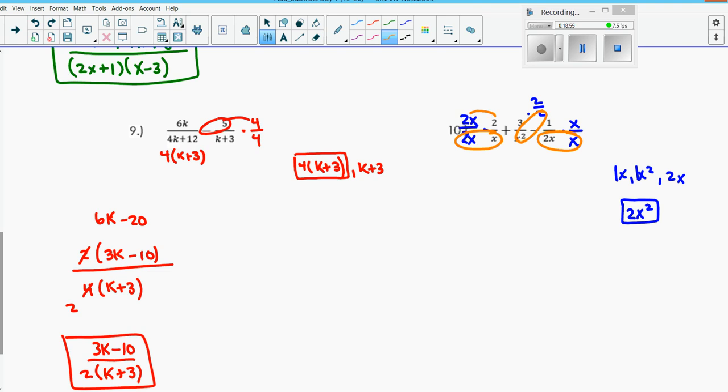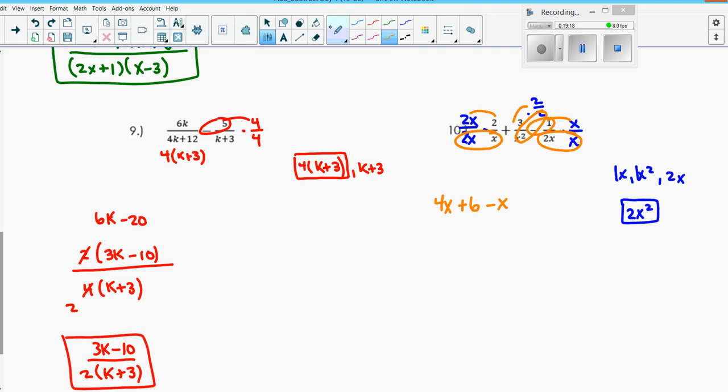Okay, and then because of that, now I can multiply the numerators. If I multiply these two, I get a 4x. If I multiply this positive 3 times 2, I get a positive 6. And if I multiply this negative 1 times x, I get negative x.